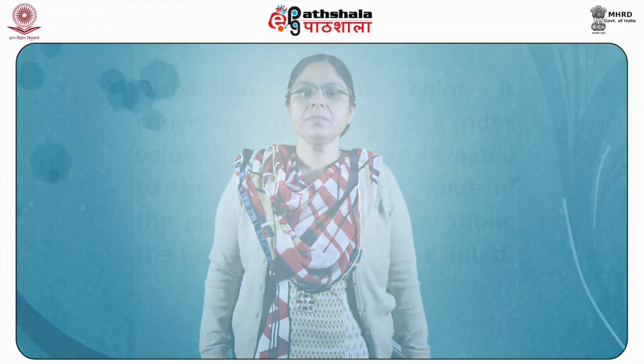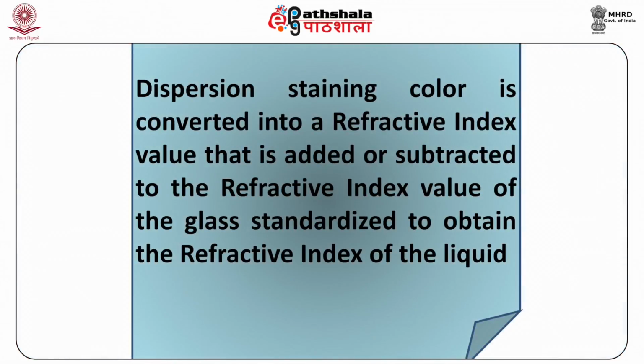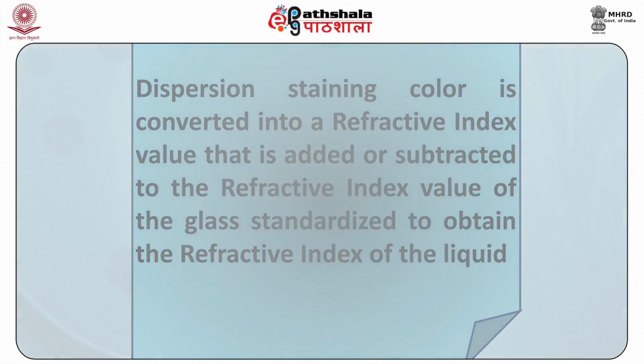Liquids tend to have a steeper dispersion curve. The dispersion staining color is converted into a refractive index value, which is then added or subtracted to the refractive index value of the glass, standardized to obtain the refractive index of the liquid.